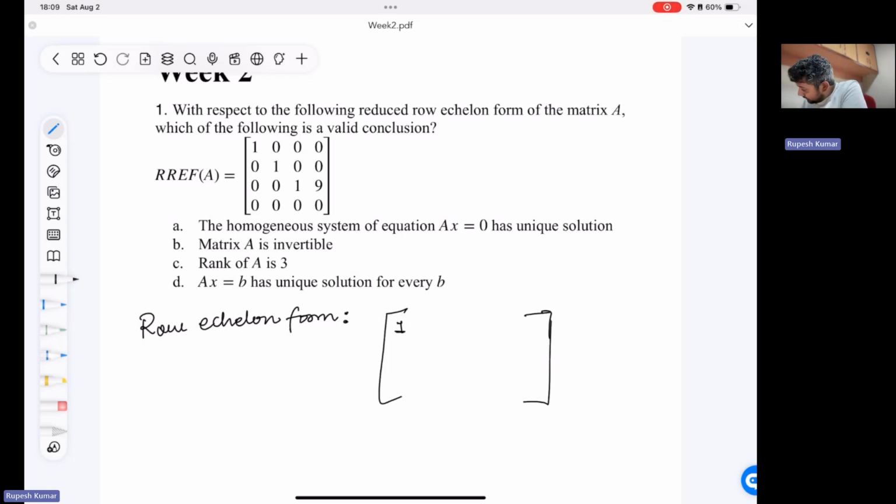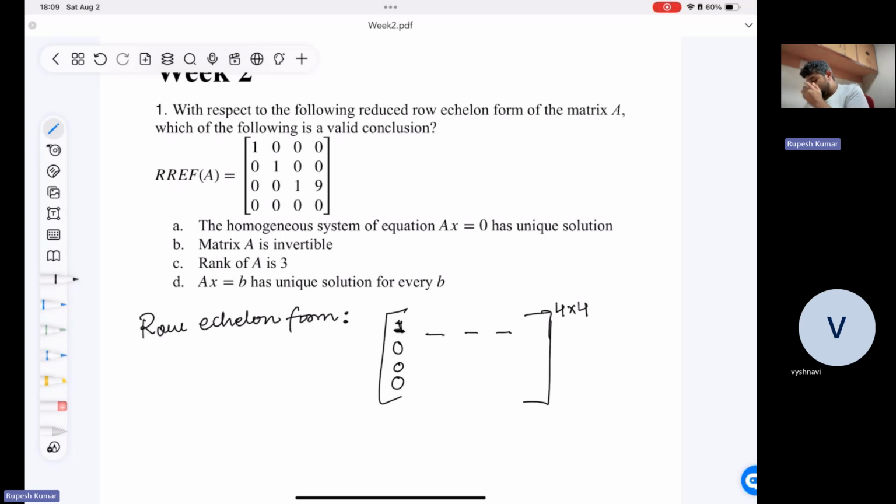And then all other entries in that particular column should be 0. So if you have a 1 in the first row, first column, then all the entries in the first column should be 0, like this. Again, let's say we have some other entries filling up this matrix, which can or cannot be non-zero.